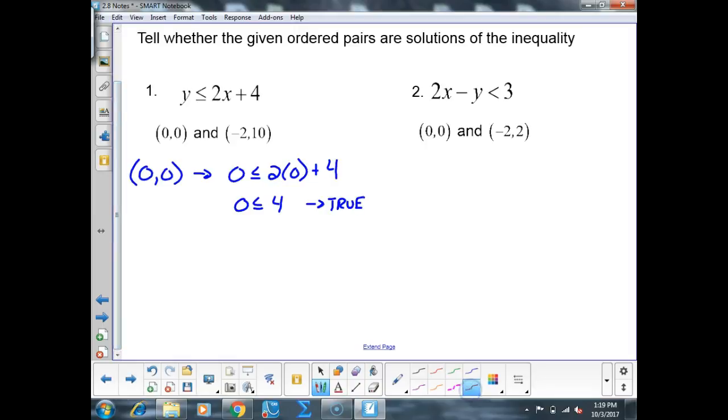So therefore, 0, 0 is a solution to this inequality.